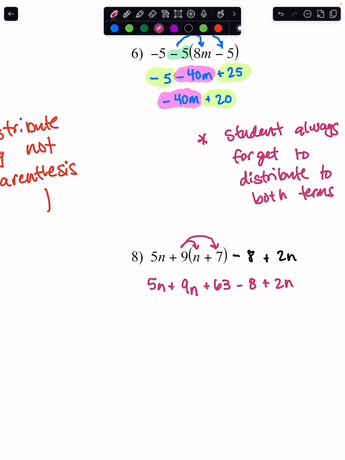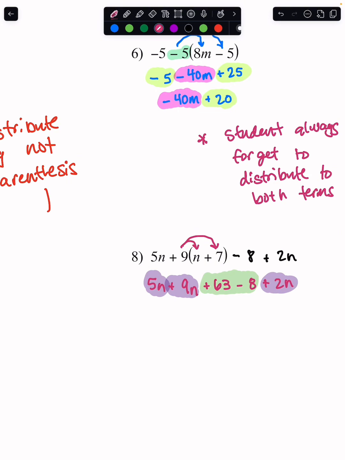Oh, that's a lot. Now, let's go ahead and color code all of our stuff. So let's color code all of our n's in purple. So we got 5n plus 9n plus 2n. And then I got the 63 minus 8 here. Now we're going to combine all of our colors.